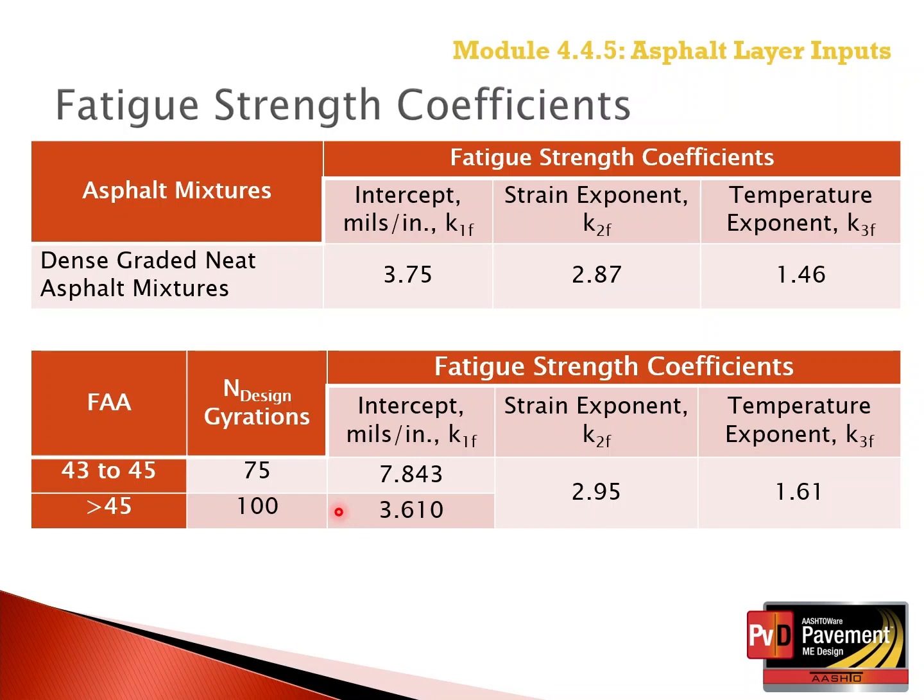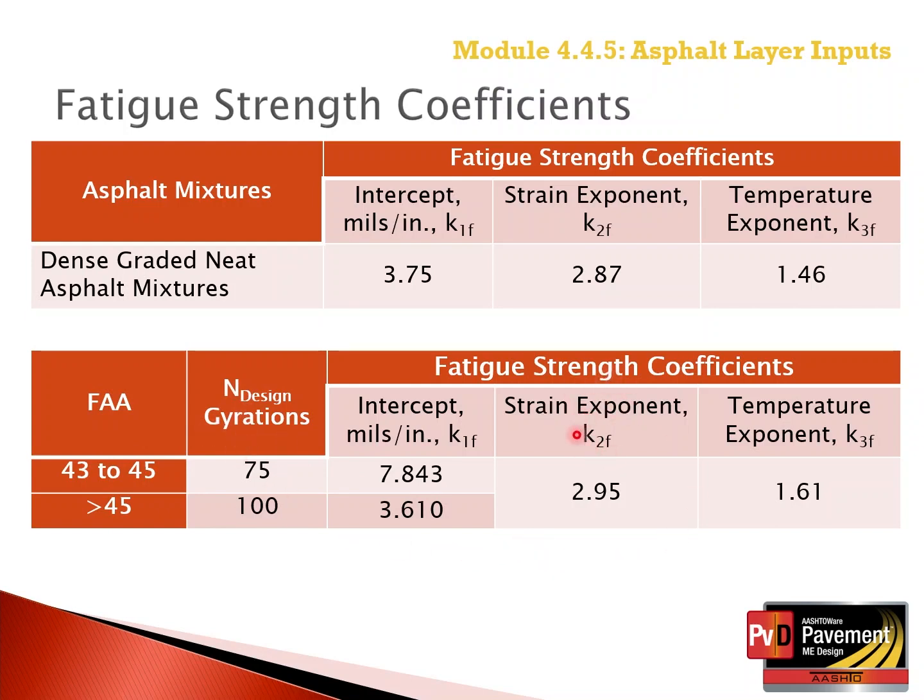These results were used to build their XML asphalt material library files for use in design. So the K1 intercept in terms of mils per inch, compared to the global value, for this agency was found to be dependent upon the fine aggregate angularity and number of design gyrations.